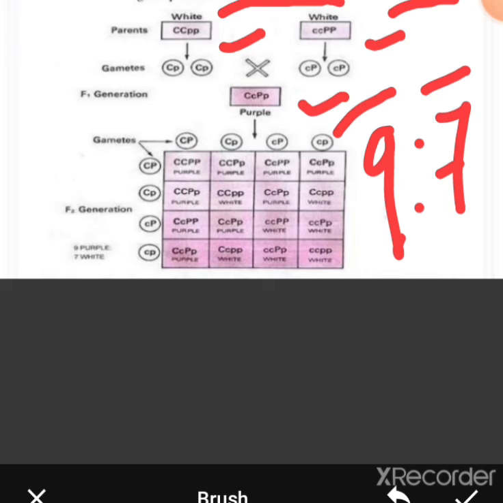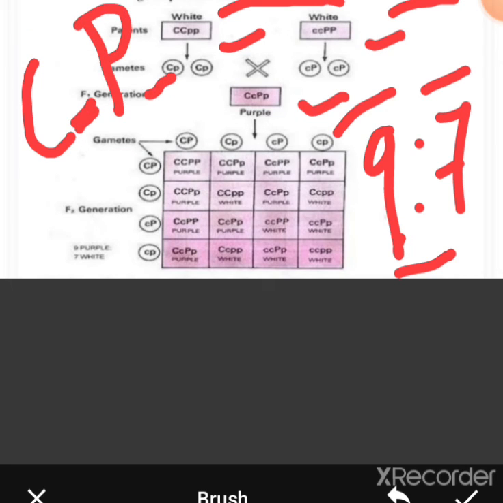So for the white pigment, the genotypes will be capital P, small c, or capital C, small p. Okay, and the purple pigmentation, as I already told, will always be capital P and capital C. It will be present in the heterozygous condition and it will be dominant.